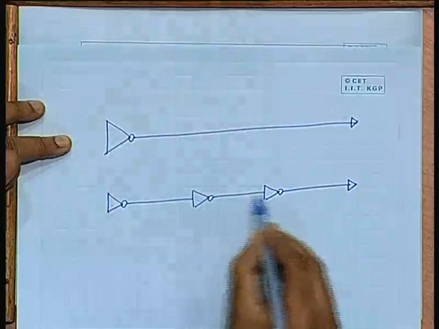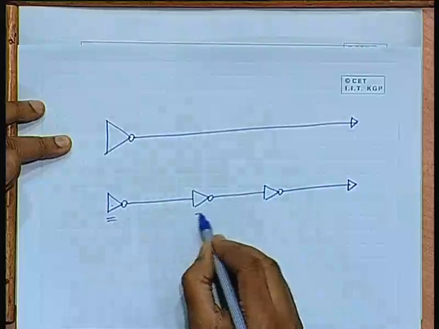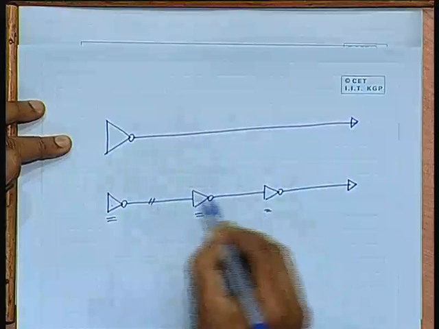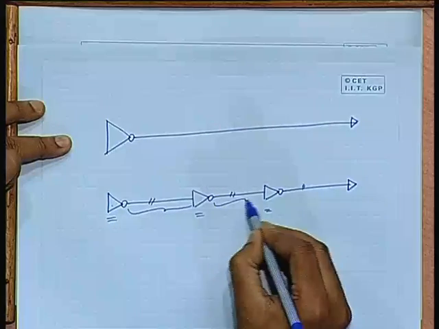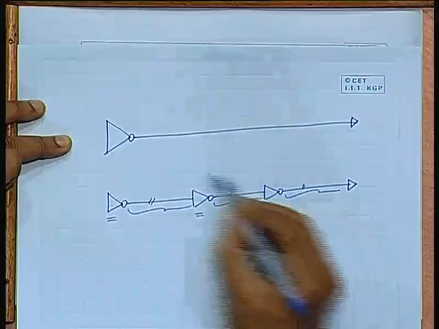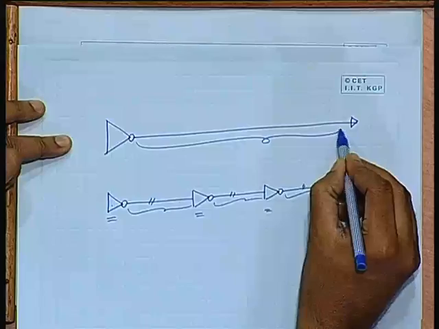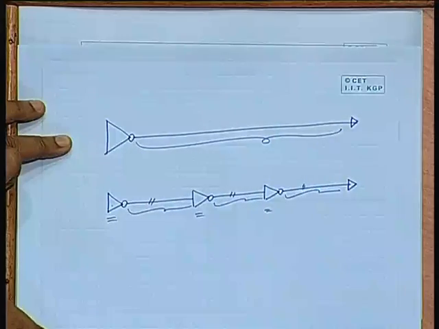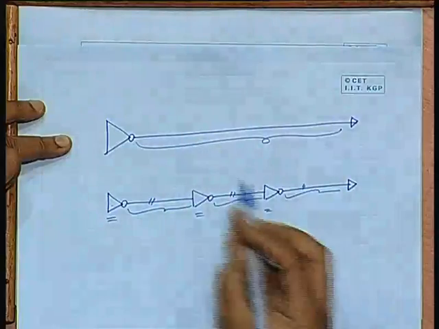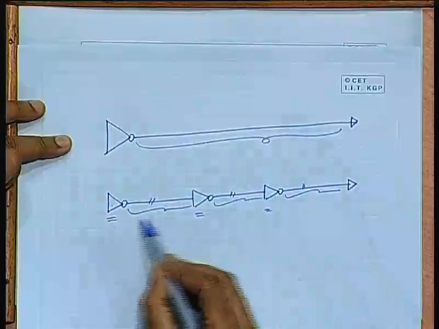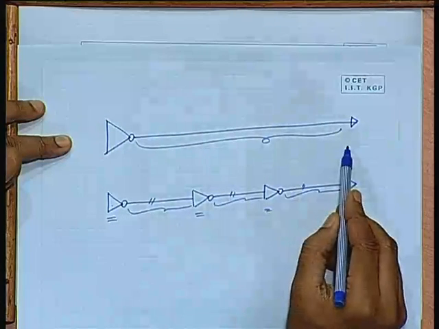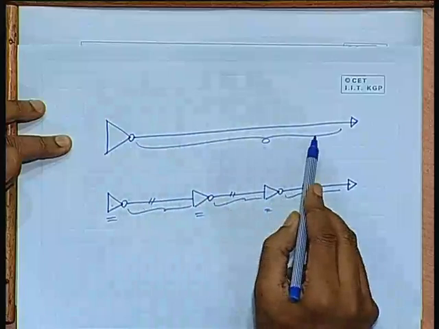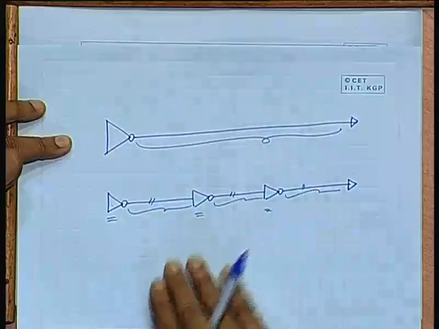Since these buffers are small, their delays will be less. Since these line segments are small, their delays will be much less than the delay of the overall line, because the delay is proportional to the square of the distance. So, if I break it up in this way, the delay in this partitioned buffer network will be less in general as compared to a network without any distributed buffers. Okay.